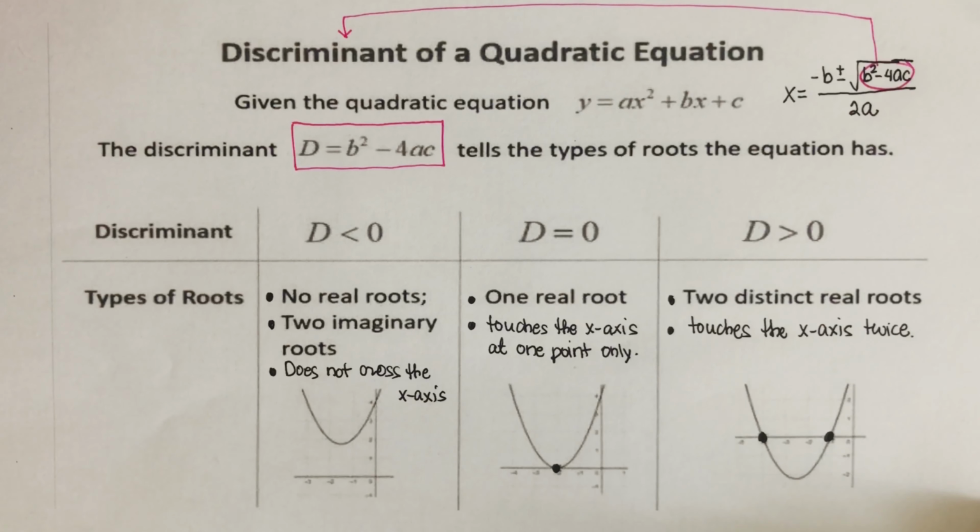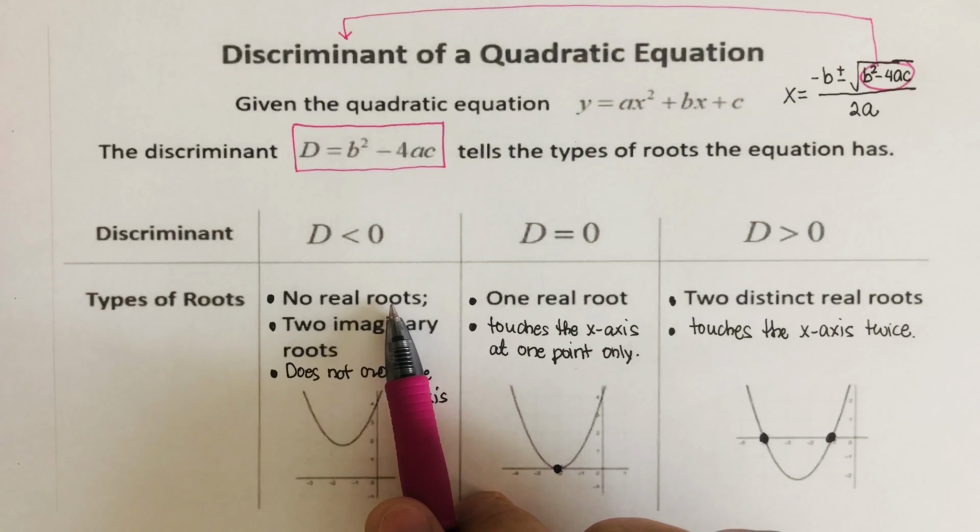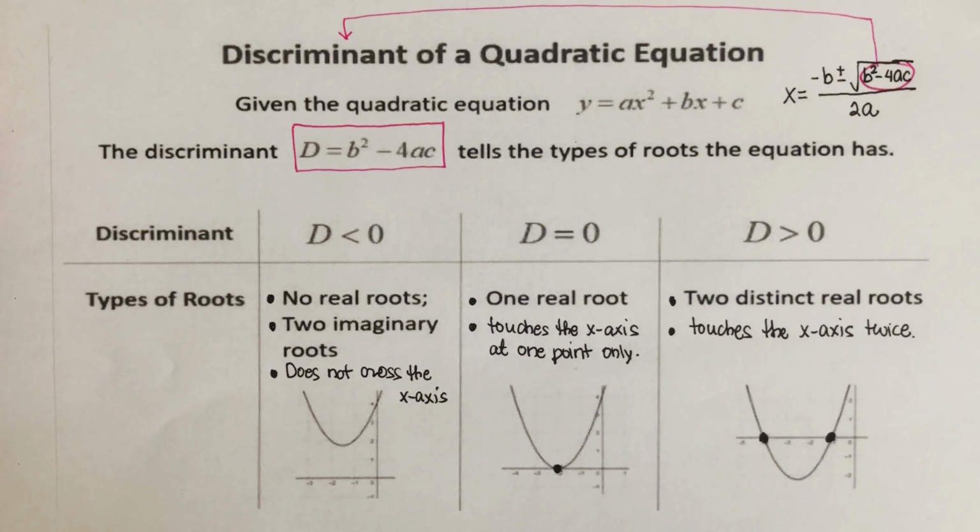First, whenever the parabola is above the x-axis, that means it does not have any root, because again, root refers to the x-intercept. There's no x-intercept because it doesn't cross the x-axis.